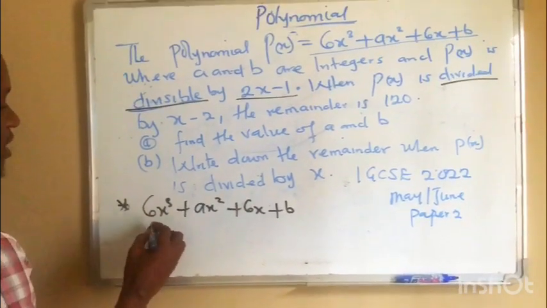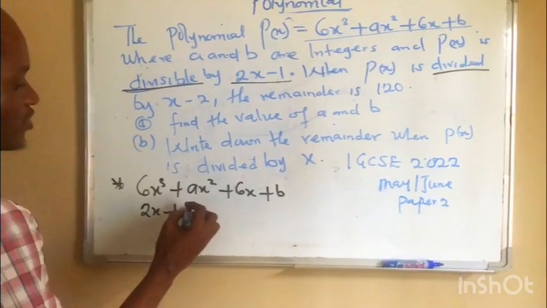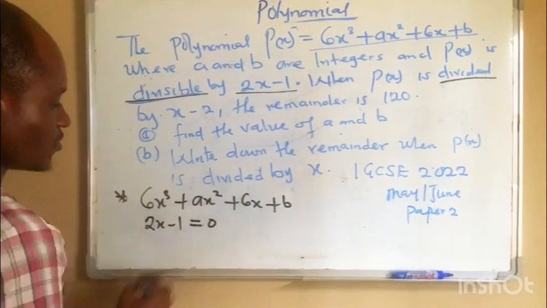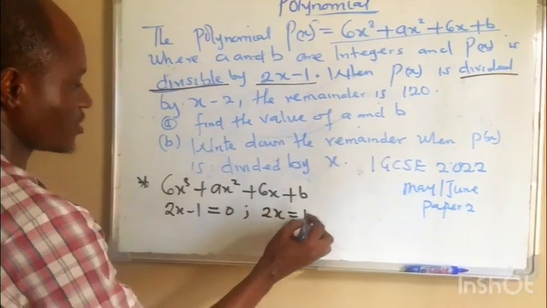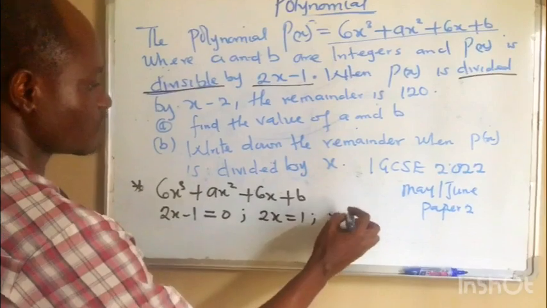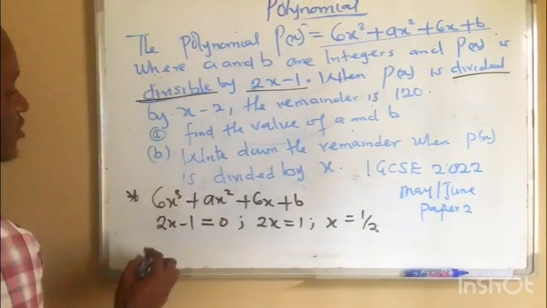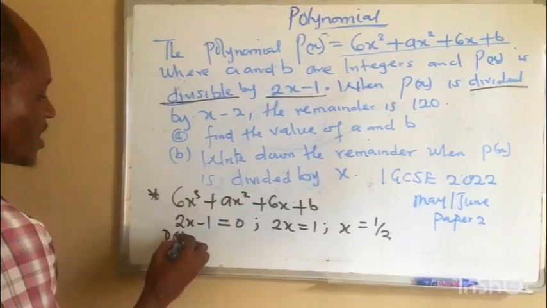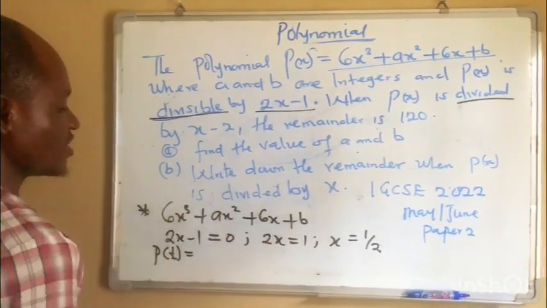The first thing we are told here is that p of x is divisible by 2x minus 1. If we take 2x minus 1 to be 0, we say it equals 0. That means 2x will be equal to 1, and that means x will be equal to half. If I substitute half, since it is divisible by this, the remainder will give me 0.